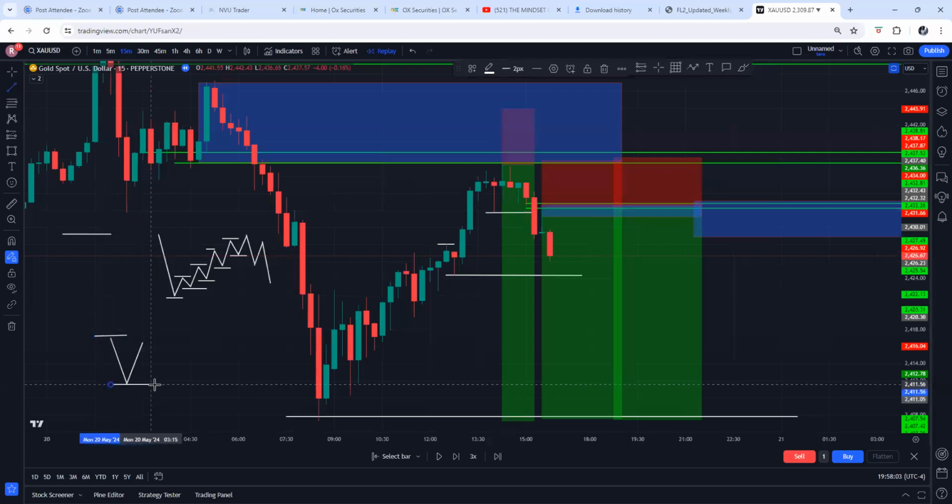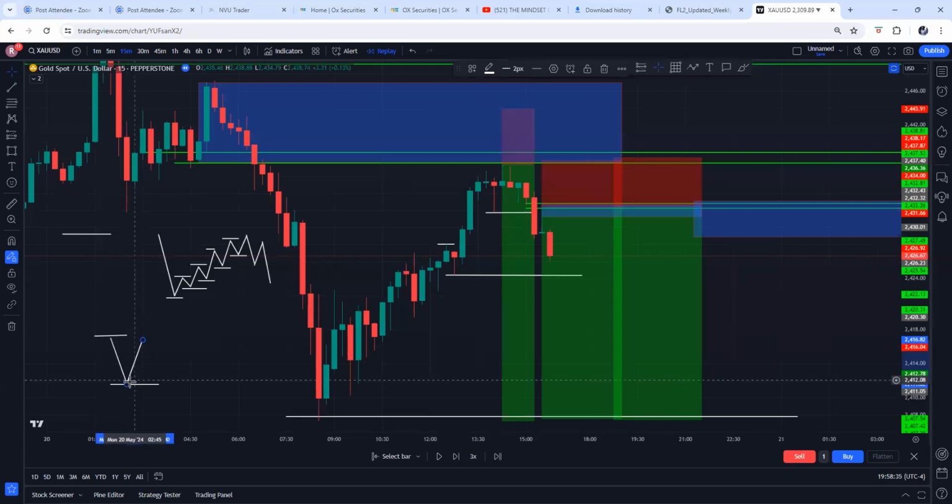If this is a strong low, then it should break the high. If this is a strong low, it should break the previous high. This is what should happen. Boom. If that doesn't happen, that means that this low is weak. If this movement here does not break the previous high, it means this low is a weak low.